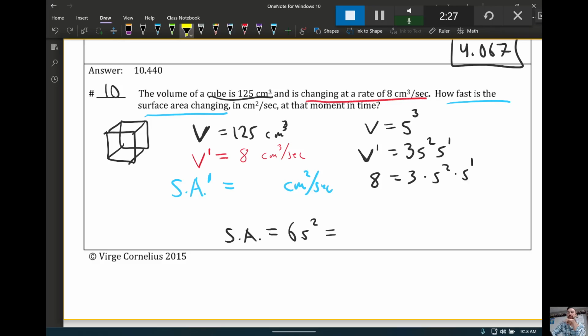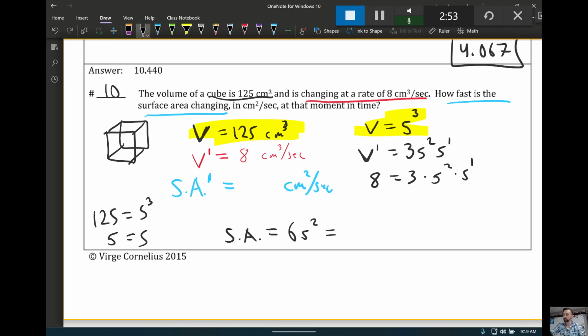So the thing I haven't used yet is this. They told me what the volume is. So if the volume is 125 and the volume is also S cubed, that must mean S is 5. 5 times 5 times 5 is 125. So actually, I guess I can plug that in here.